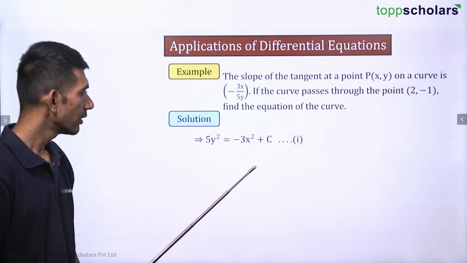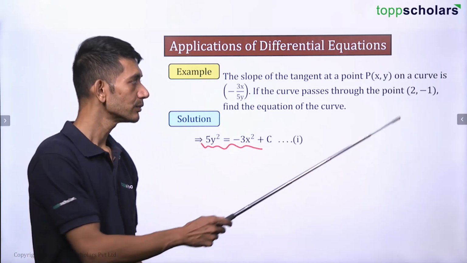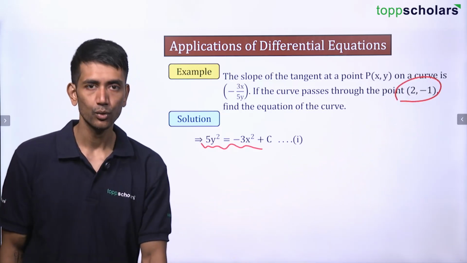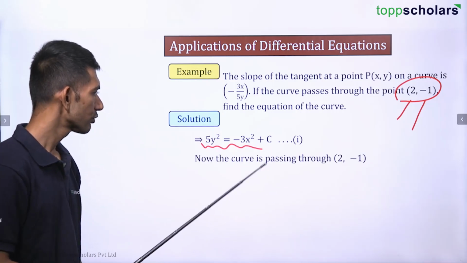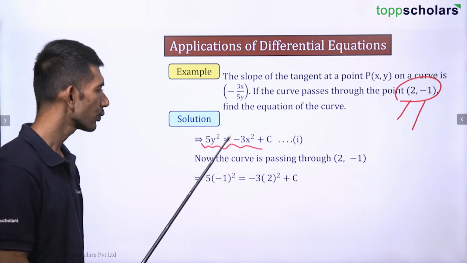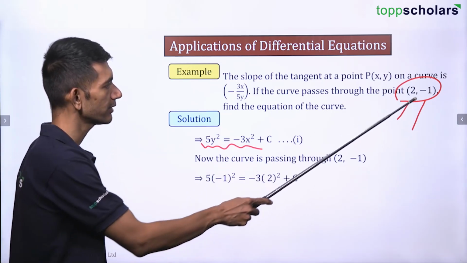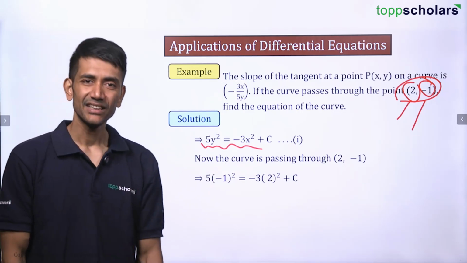But now understand what is given. After getting this, it is given that the curve passes through the point 2 comma minus 1. Basically x is 2, y is minus 1. So substitute the values of x and y here. So we get 5 into minus 1 square is equal to minus 3 into 2 square plus c. Put it here, get the value of c.